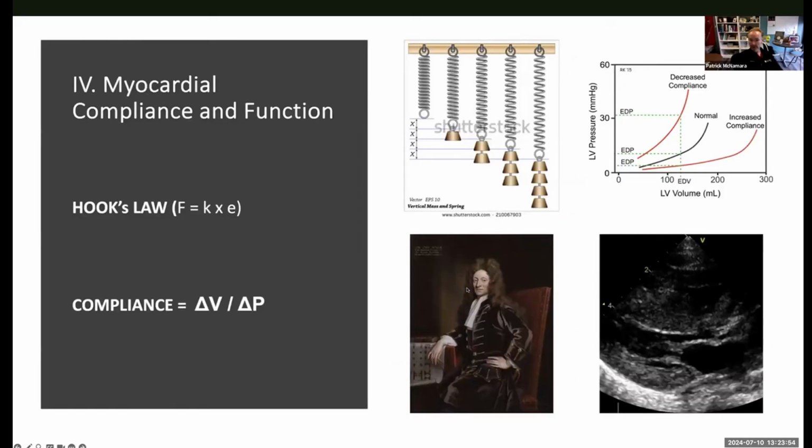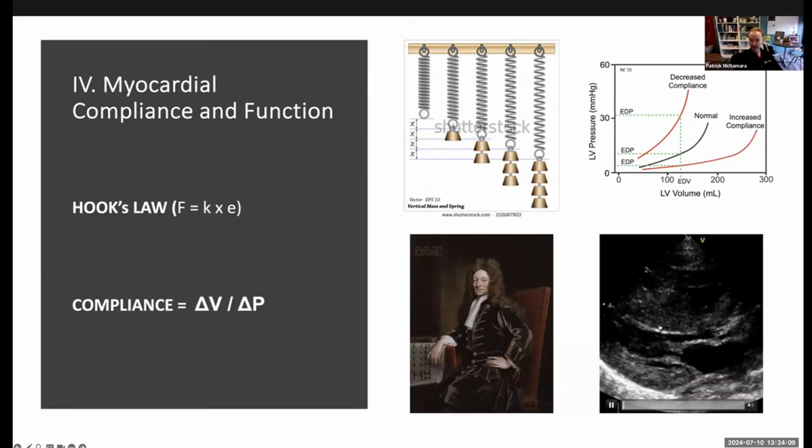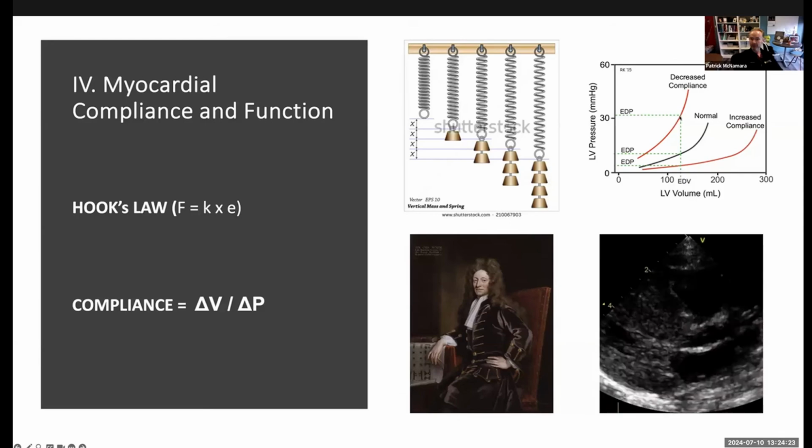This is Robert Hooke, who is famous for Hooke's law, which is looking at compliance. Compliance really is how pressure changes as volume changes. This is very relevant in the hypertrophic heart, which is poorly compliant. If you look at the graphs on the top right, showing how pressure changes with volume, with very poor compliance, a smaller change in volume produces a much higher increase in pressure.